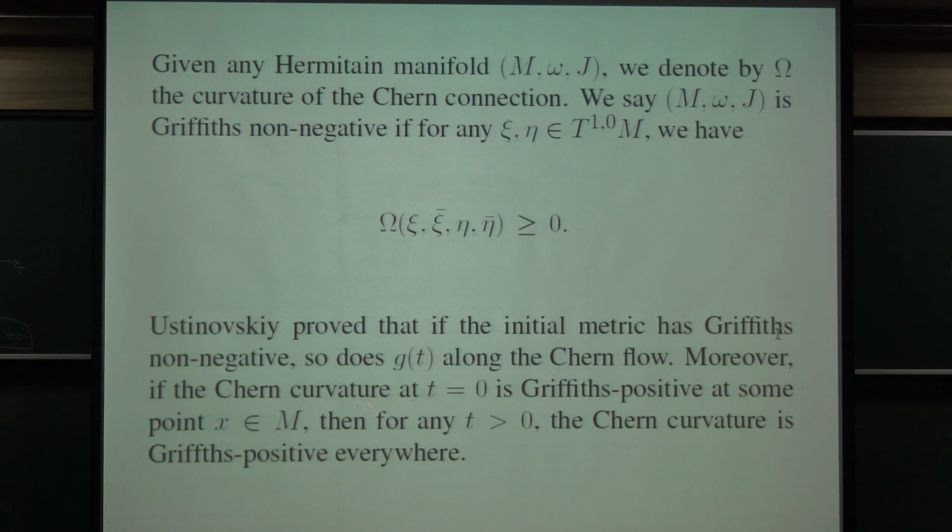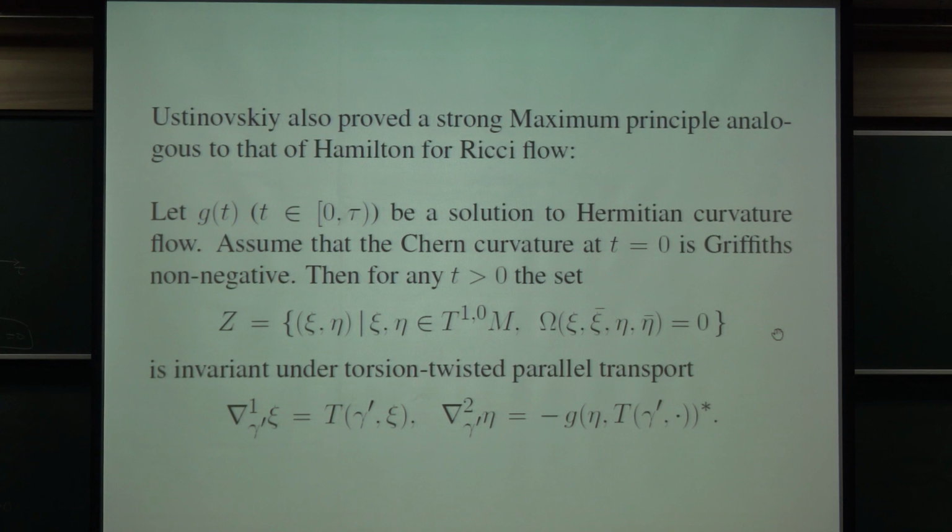In particular, he gave a corollary of this, which gives a generalized, stronger version of this: if you have a metric which is positive at one point, then M has to be CP^n. Moreover, he also proved a strong maximum principle analogous to that of Hamilton for Ricci flow.